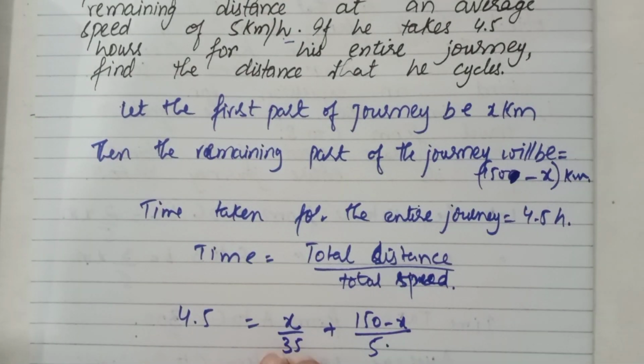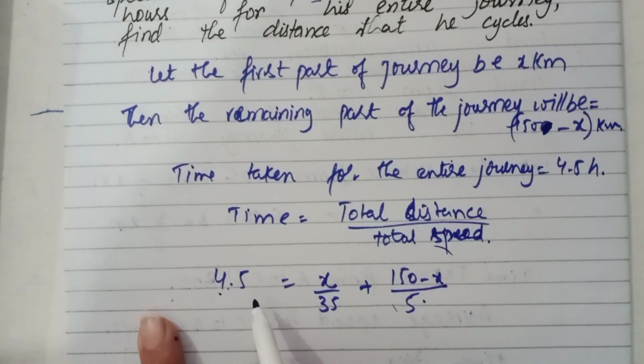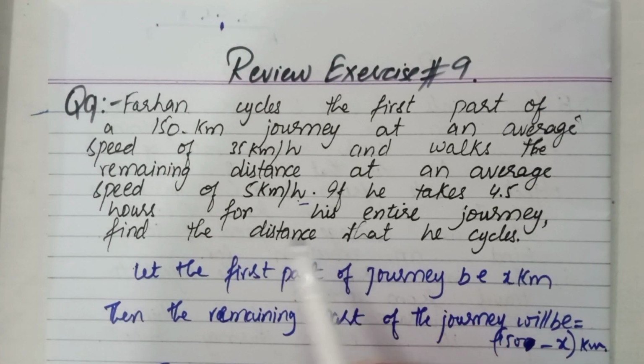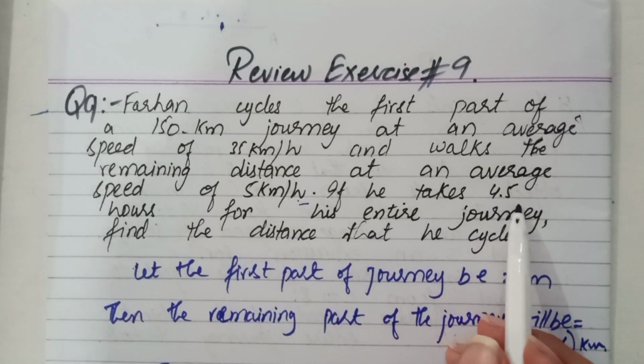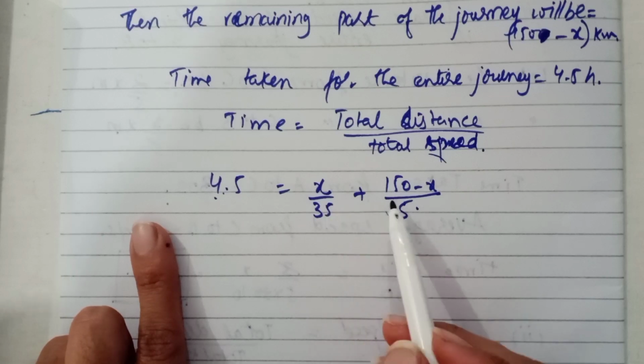This is distance over speed for the first time and distance over speed for the second time, we have to add them because the total time given to us for the entire journey is 4.5.